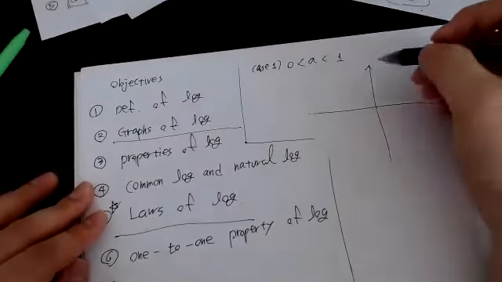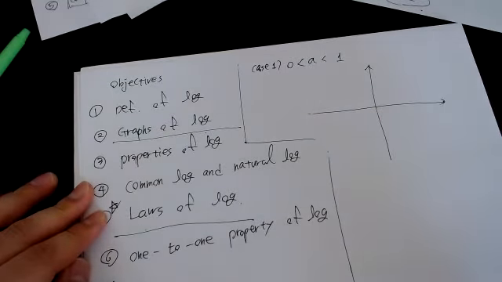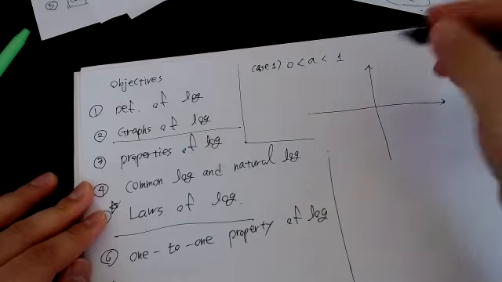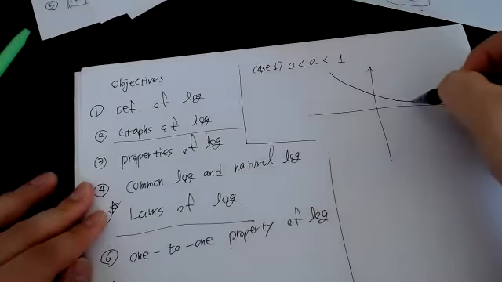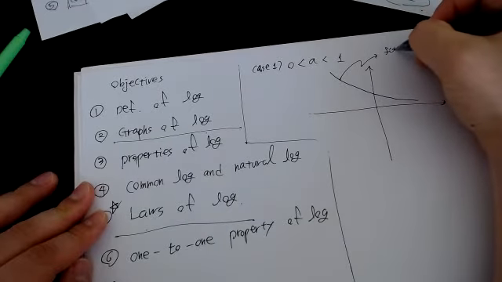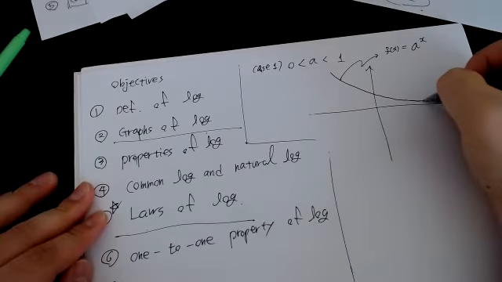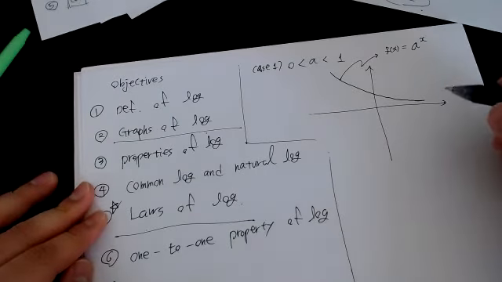So we're going to plot the graph of the exponential function with base a, which is between 0 and 1. The graph must be like this. Let's say this is the graph of the exponential function a to the x. Now I want to plot the graph of the logarithmic function, which is the inverse function of this.